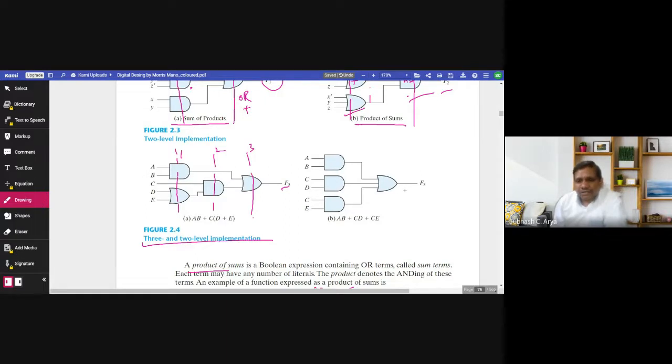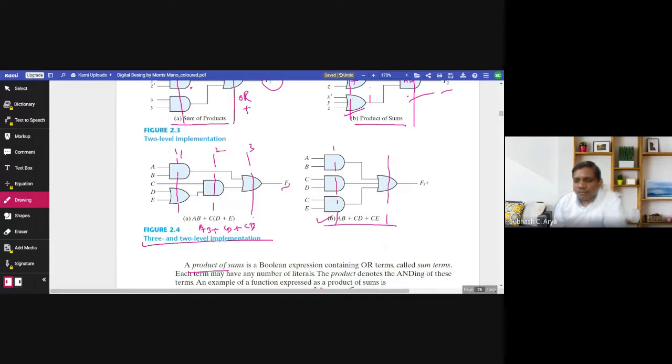And this function F3, you can see the same function is implemented. If you expand it, it becomes AB plus CD plus CE. The same function is implemented in figure 2.4b, and you can see it is a two level implementation.